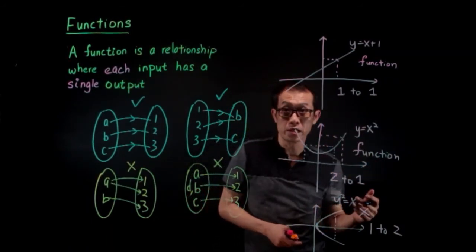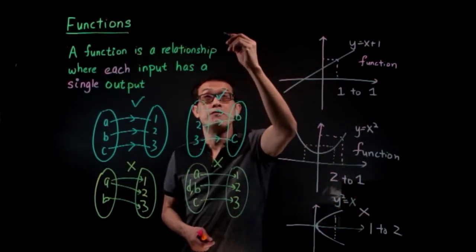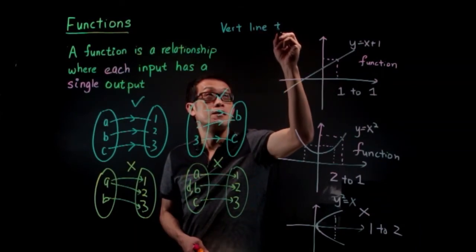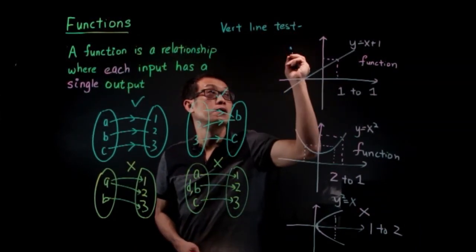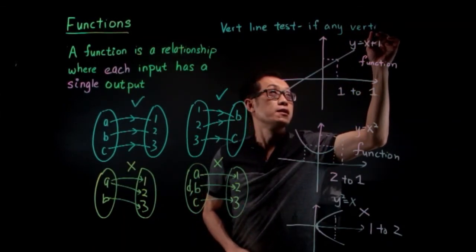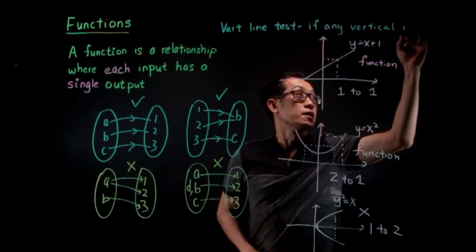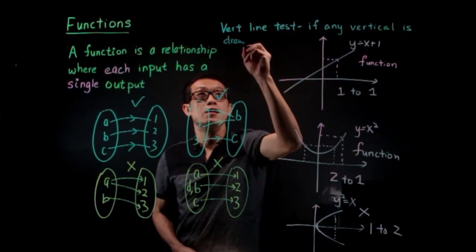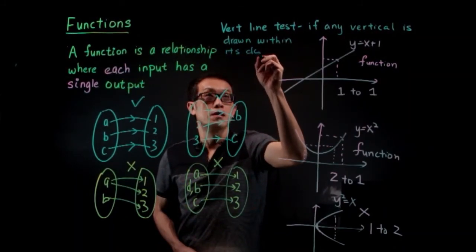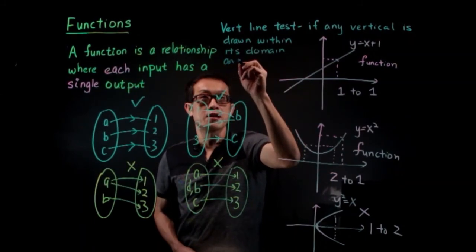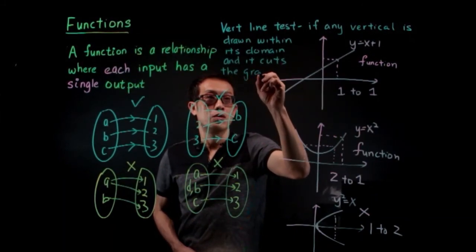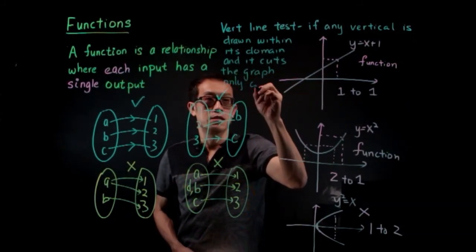Vertical line test: if any vertical line is drawn within its domain, and it cuts the graph only once, then it is a function.